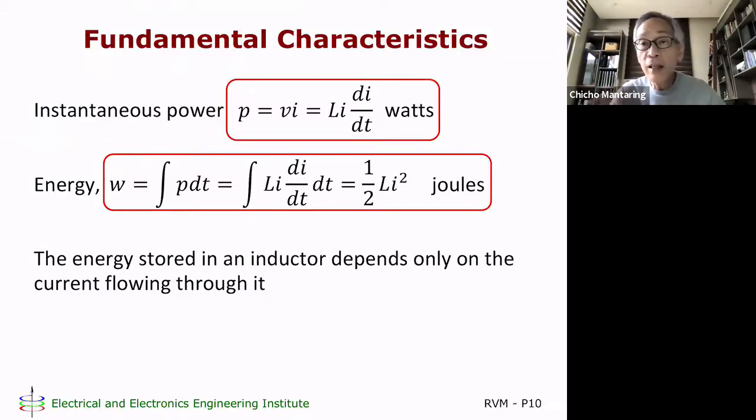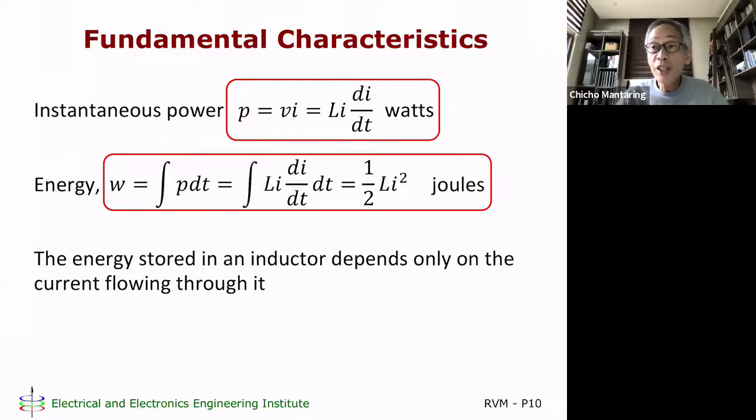Okay, if you notice there seems to be a similarity between your capacitor and your inductor. Your capacitor is able to, quote unquote, store charge. Your inductor is able to, quote unquote, store flux, magnetic flux.